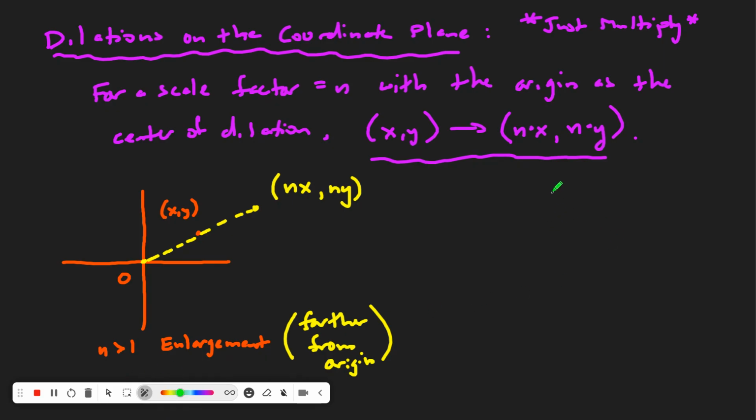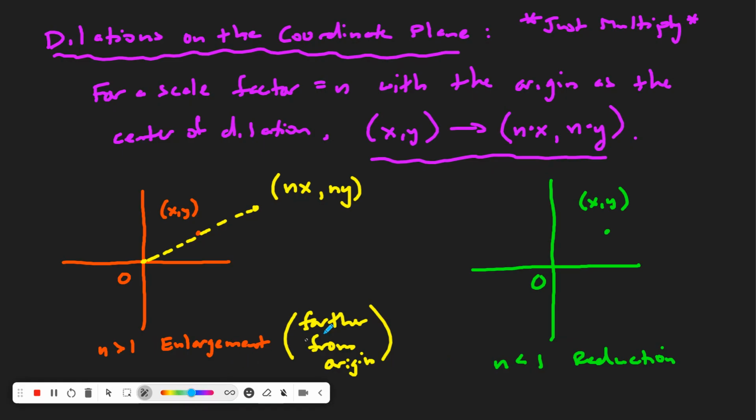Okay, now over here, let's do a similar thing. I'll put my origin here. I'll put my point xy sort of in the same spot. Okay, this time though, let's do a scale factor less than 1. So let's do a reduction.